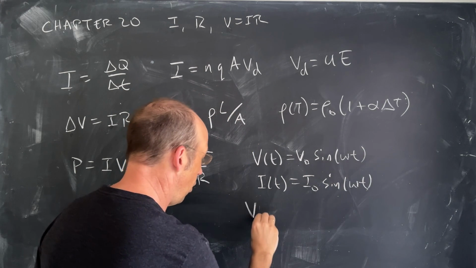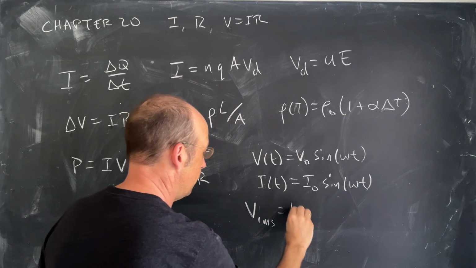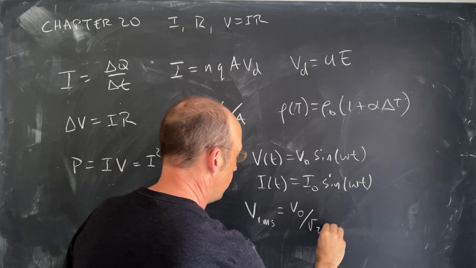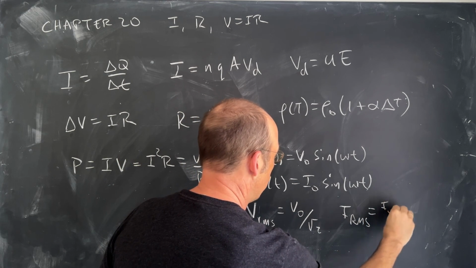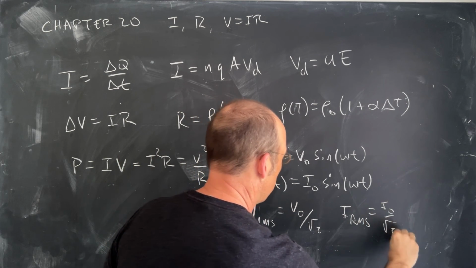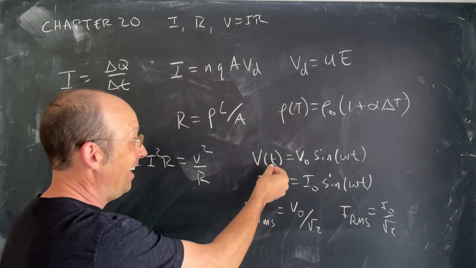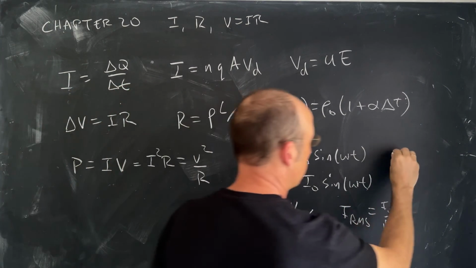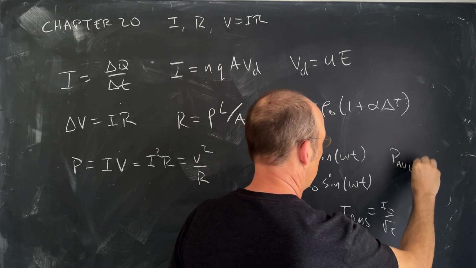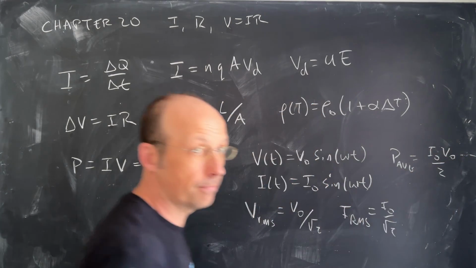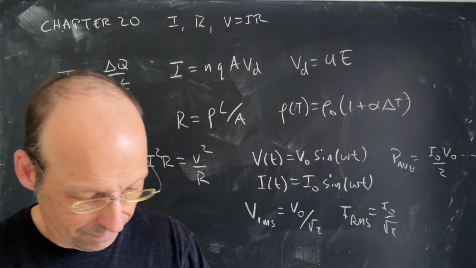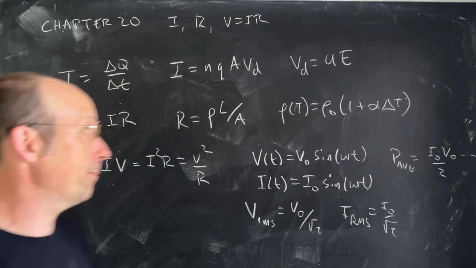And V RMS is V0 over the square root of 2. I RMS is I0 over the square root of 2. And then average power is I0 V0 over 2. That's it. Chapter 20.